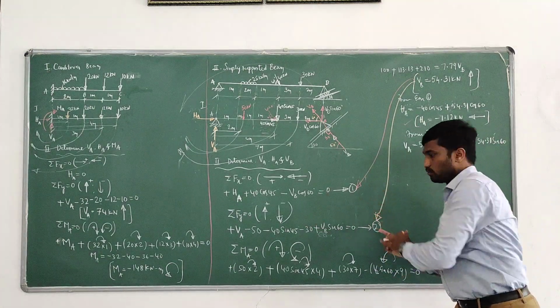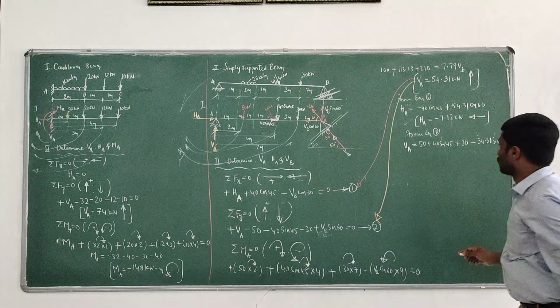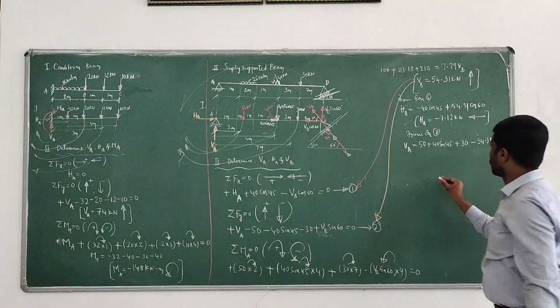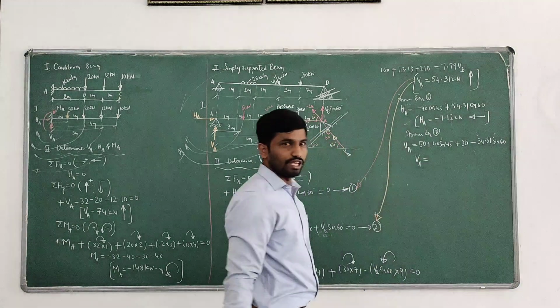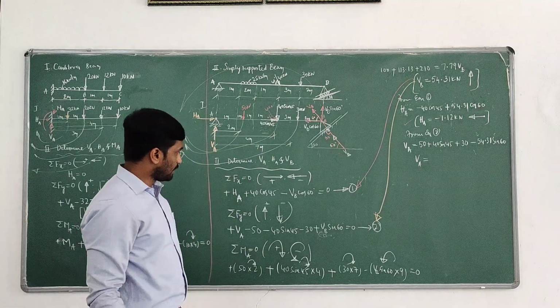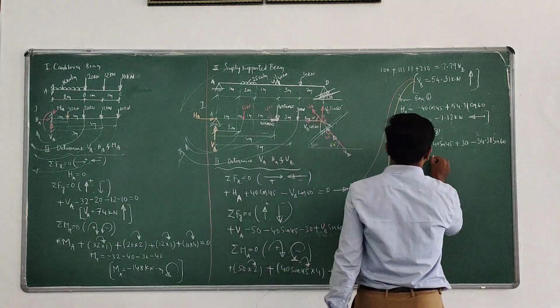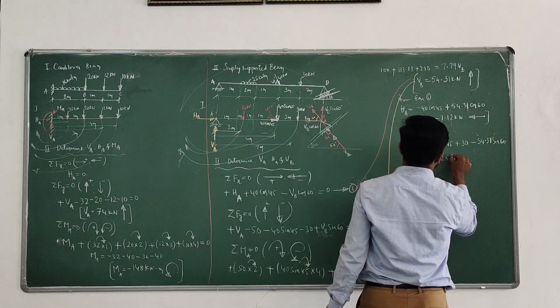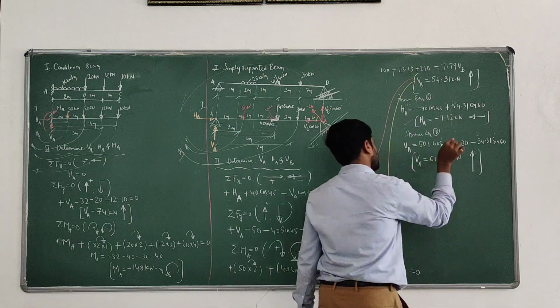Taking terms to this side, they become plus. So what is the value of VA? 61.25 kilonewton. So positive, acting upwards.